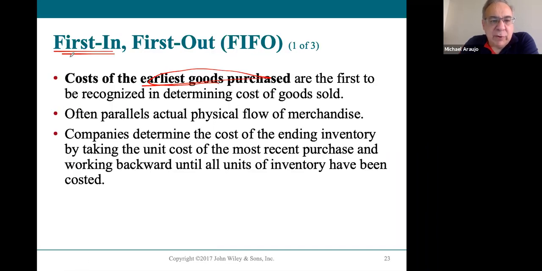So under FIFO, the first ones in are assumed to be the first ones we sold. First out simply means we've sold them. They're out the door. So FIFO, in essence, calculates the cost of goods sold by looking at the first ones in and making those the first ones out. So this is how it looks.